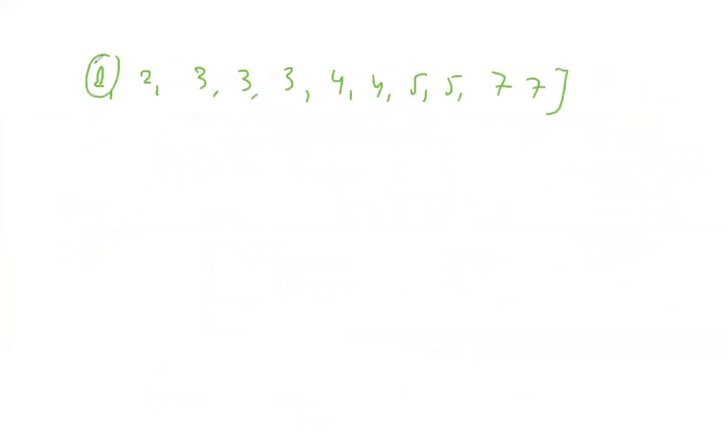So let's say you had this array. You just take this number and move forward. If this number is equal to the previous number, you say, hey, there is one number which has a count of more than one. If not, you keep the count equal to 0. Then you move here. If this number is equal to this number, then there is at least one number which is more than that, and you move forward.